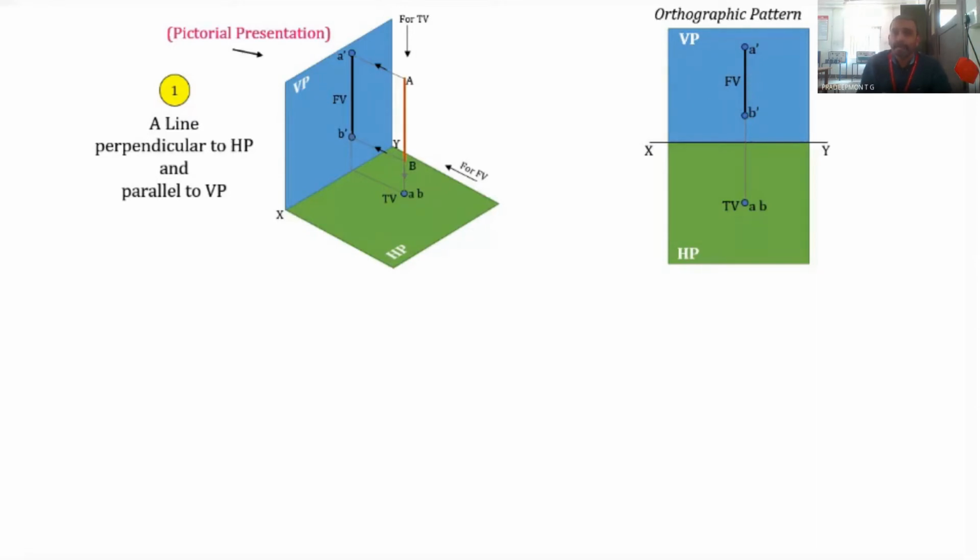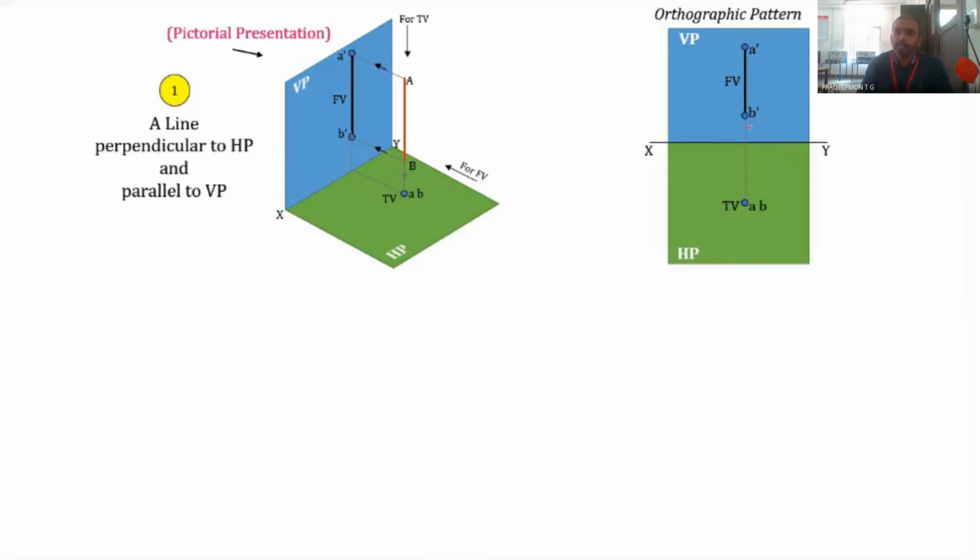Since in this figure A dash, B dash, both the points are in the same vertical line, perpendicular to the XY, in the front view also it should be in the same line. So here it is in the same line, and AB is also in the same line. So now we get the front view as well as the top view.